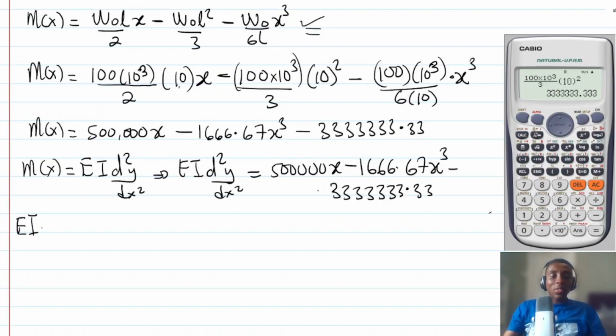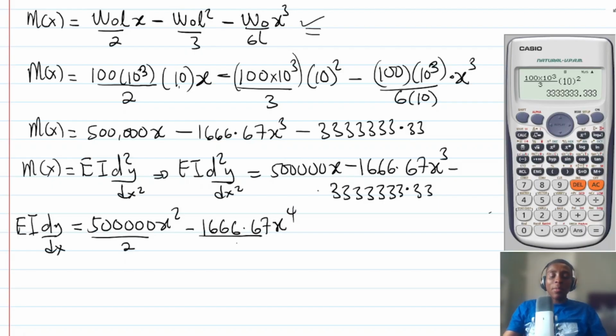So let's integrate to get the slope. It's going to be 500,000 x squared all divided by 2, minus 166.67 x to the power 4 all divided by 4, minus 3,333,333.33, and of course, integrating, x comes here again, plus C1.